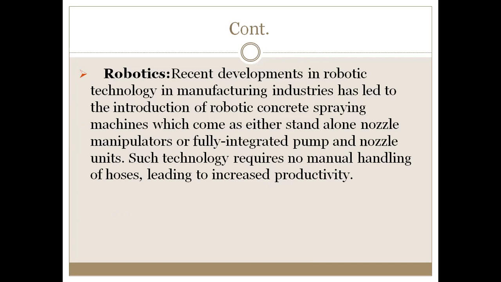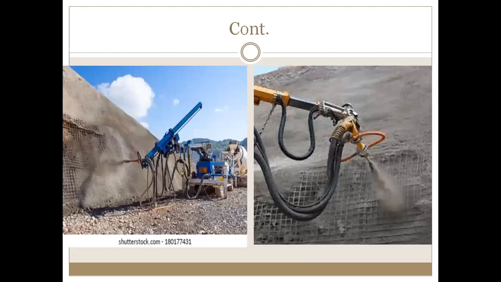Number three type is robotics. Recent development in robotic technology and the manufacturing industry has led to the introduction of robotic concrete spraying machines, which come as either stand-alone nozzle manipulators or fully integrated pump and nozzle units. Such technology requires no manual handling of hoses, leading to increased productivity.